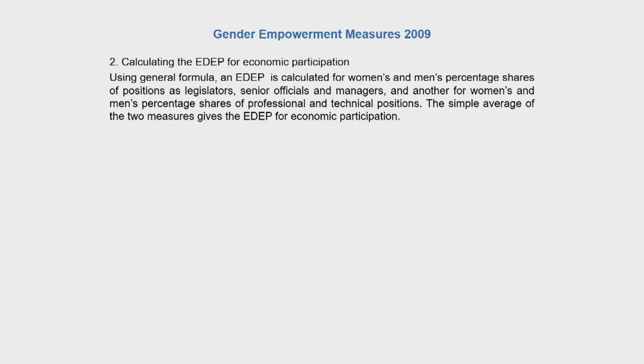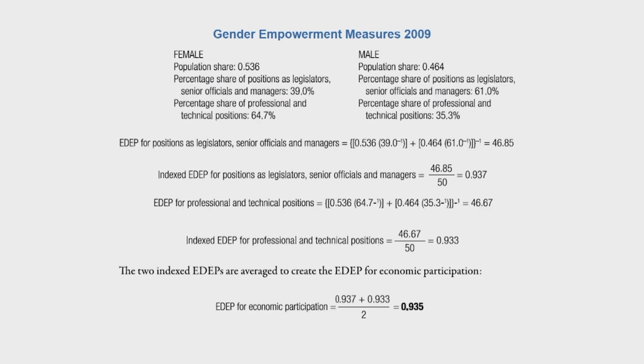Then we calculate the EDEP for economic participation in similar ways. If you look at the economic participation, which loosely is put together in terms of occupational categories: population share 0.536, 0.46; percentage share of positions as legislators, senior officials and managers 39%, 61%; percentage share of professional and technical positions 65%, 35%.